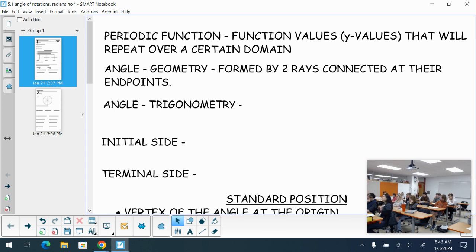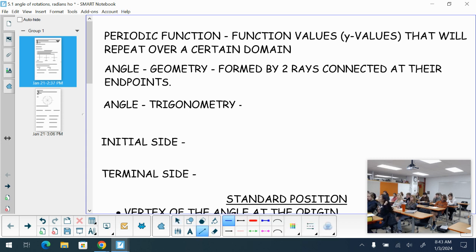Those are periodic functions. Well, when we're talking about trigonometric functions, the sine, the cosine, the tangent, these are periodic functions. They will repeat themselves over and over and over again. When we were in geometry, we had a definition. An angle in geometry was formed by two rays connected at their endpoints, and that was our definition of an angle.